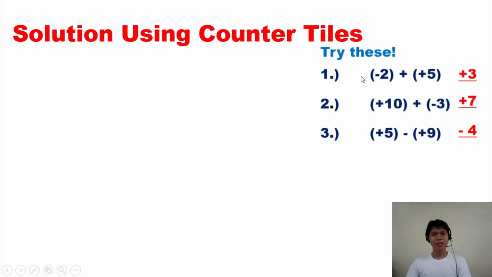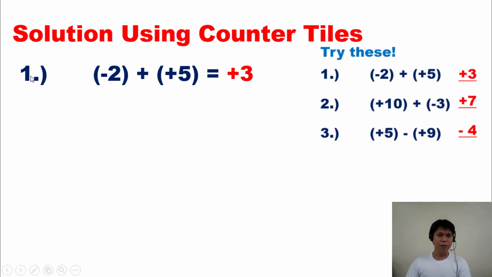In the gearing up activity, these are the 3 questions, and we have these answers. Now we are going to check whether these answers can be solved using the counter tiles. We have number 1, negative 2 plus positive 5 is equal to positive 3.